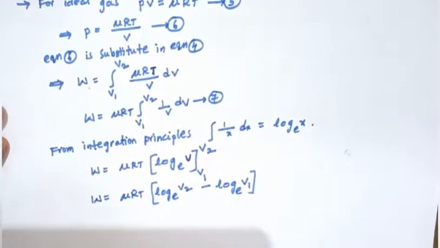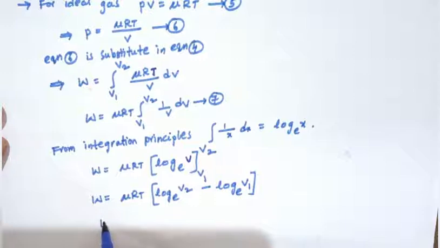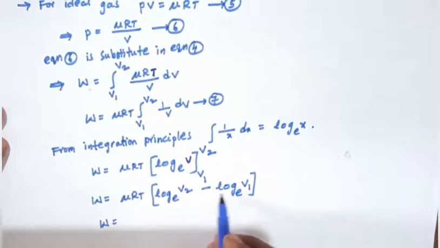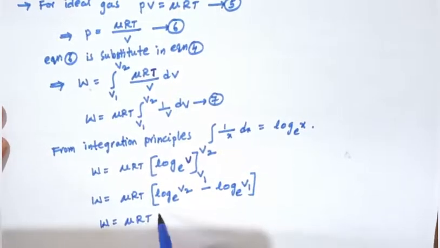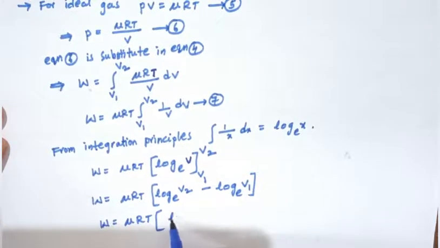Okay, so the above equation is like log A minus log B, so it is log A by B. So then we can write mu RT into log base e V2 by V1.